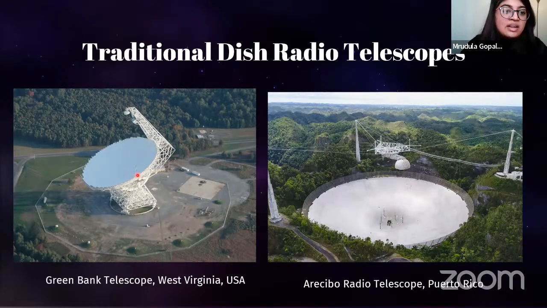This is the Greenbank telescope, in West Virginia, east coast of USA. And this is Arecibo. If you have been following the news, Arecibo last year went through damage because of cables falling apart. But these are famous single dish telescopes.